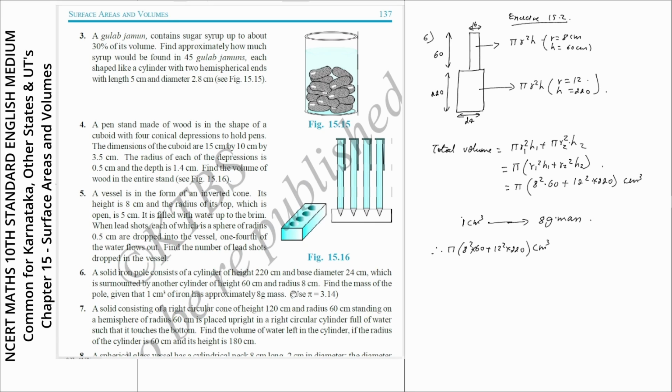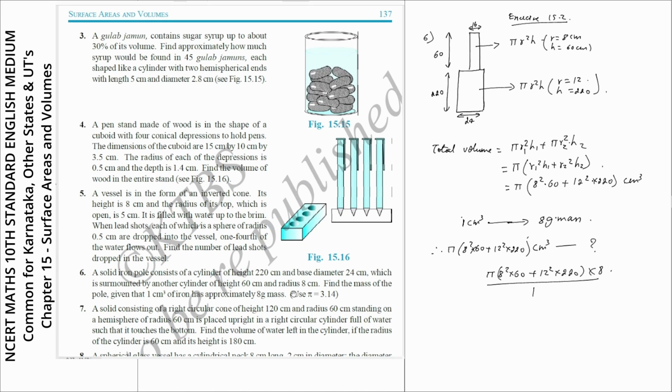So this much volume has how much mass? That's the question. So just cross multiply. This is the unitary method. We can cross multiply and get the answer. So the answer is pi, 8 square into 60 plus 12 square into 220, into 8 divided by 1.